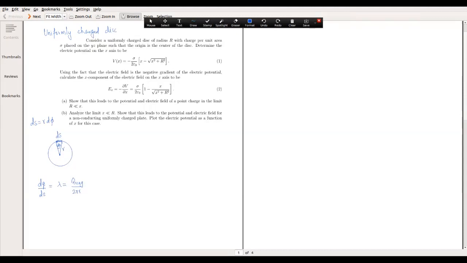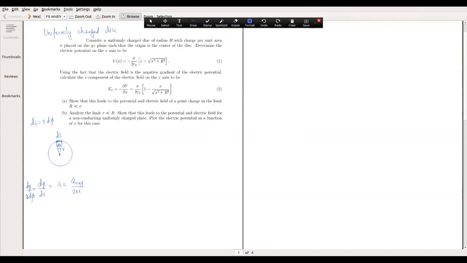Think of it as the circumference of a circle being r times the total angle of the circle, which is 2 pi. So 2 pi r gives you the total arc length of the circle. So this is also equal to dq over lambda, sorry, r times d phi. So that's for a ring.